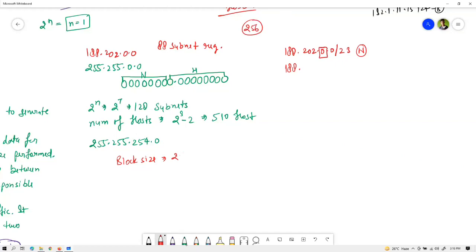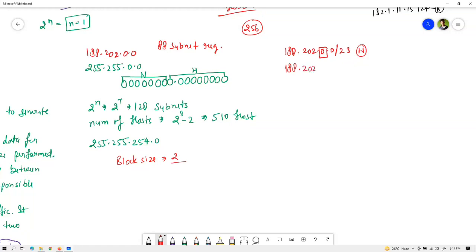Since it is the third octet, the last octet we are using, we subtract 254 from 256. Because the total block size is 256, it can never be more than 256 in a block. So here it is 2 only.